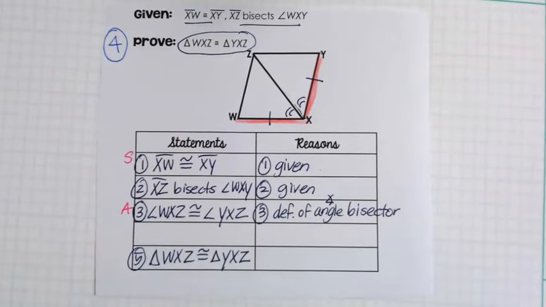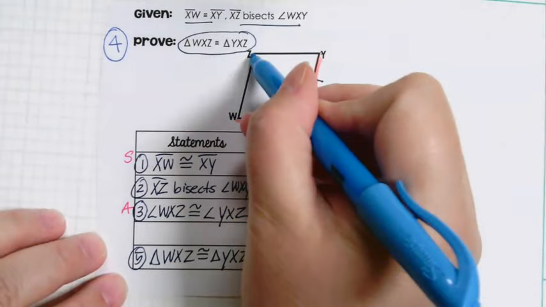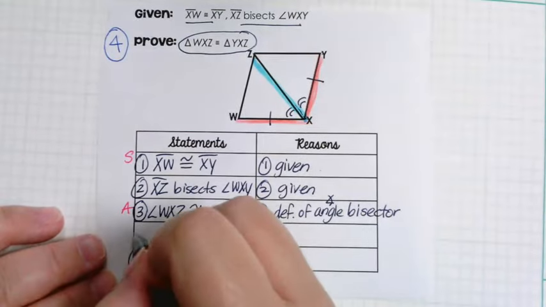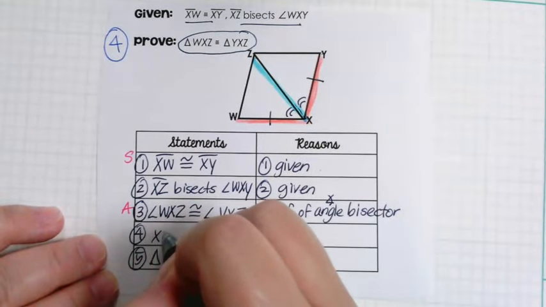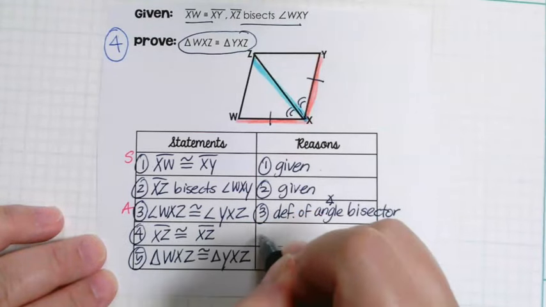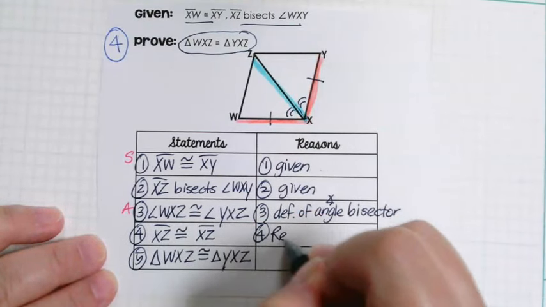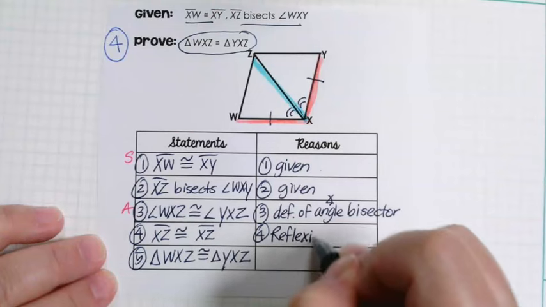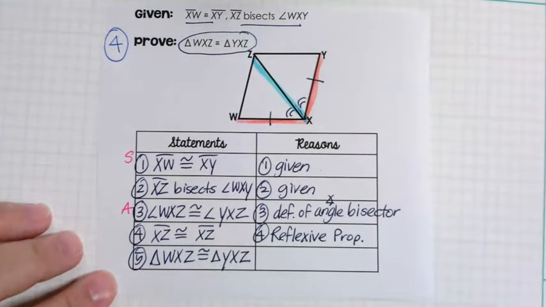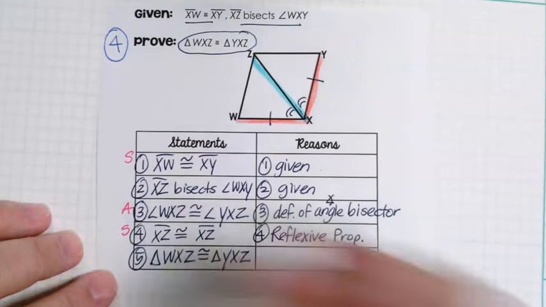Is there anything else going on in this picture that I should know? I've got a shared side, don't I? That shared side in the middle. XZ is congruent to itself, so that counts as a pair of sides. The reason something is congruent to itself is the reflexive property. Technically, it's the reflexive property of congruence, but a lot of people don't expect that much detail.